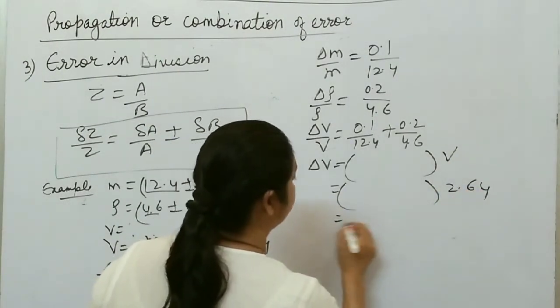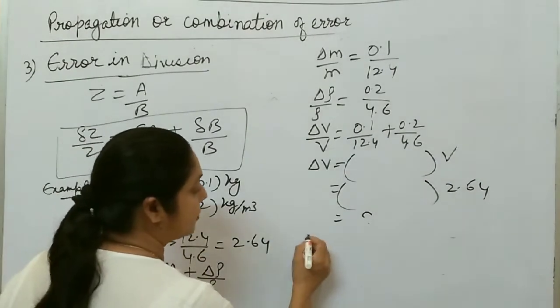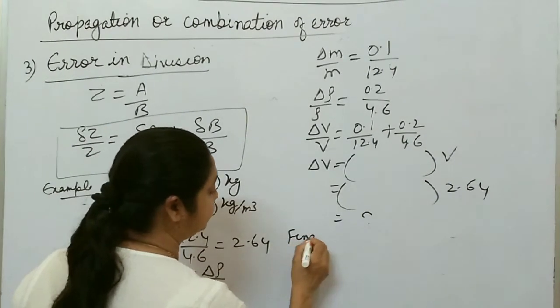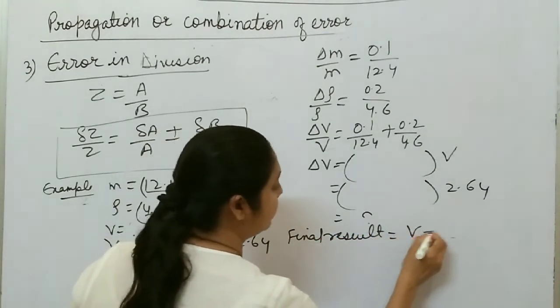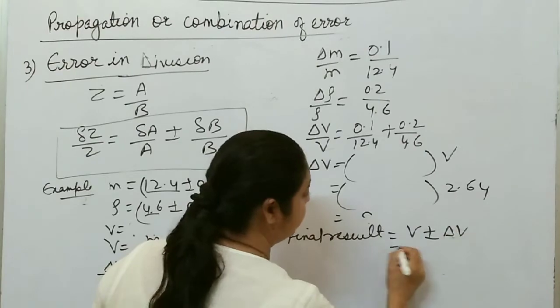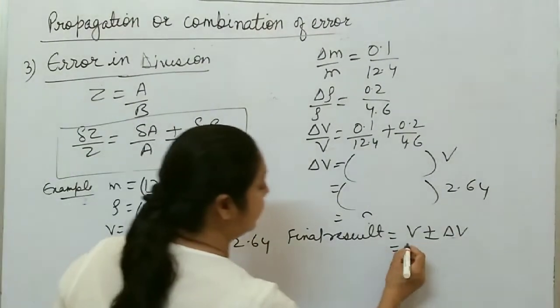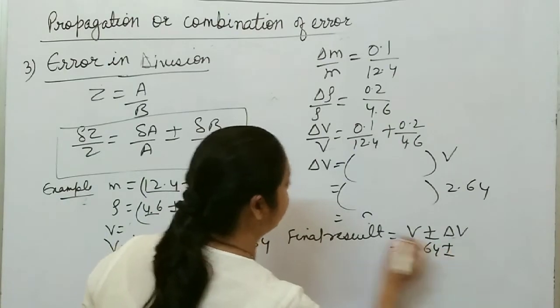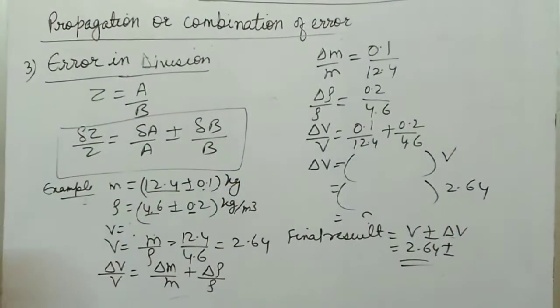In this way you get delta V. So the final result becomes V plus minus delta V. So V is, you already calculated V, 2.64, and then you calculate delta V from this formula, you get the final result, right? So in this way error propagates in case of division and multiplication.